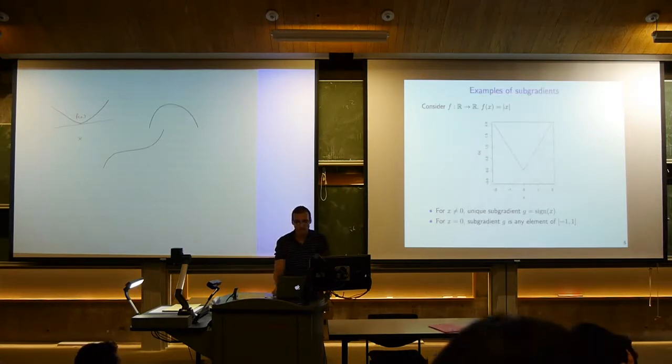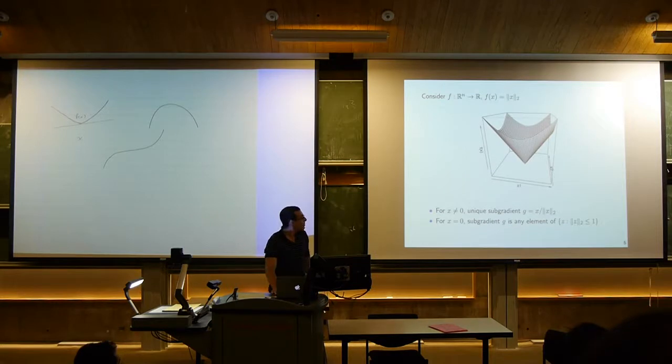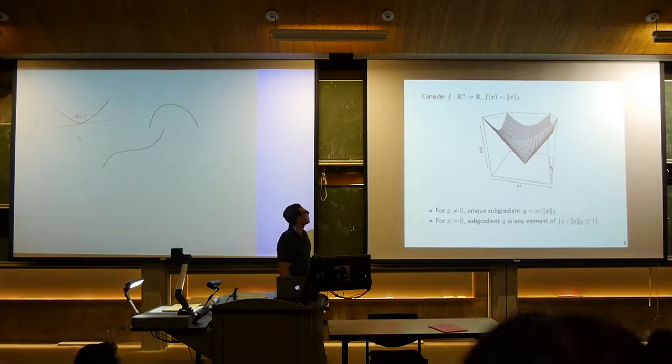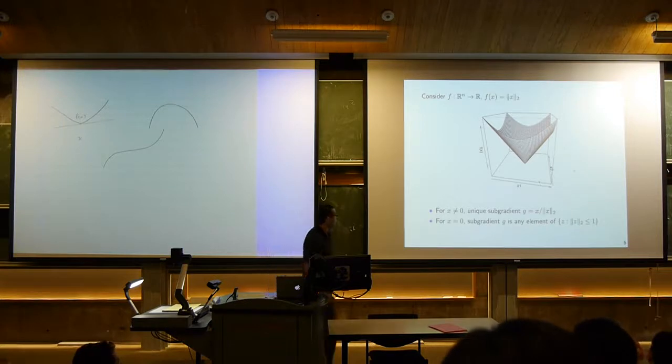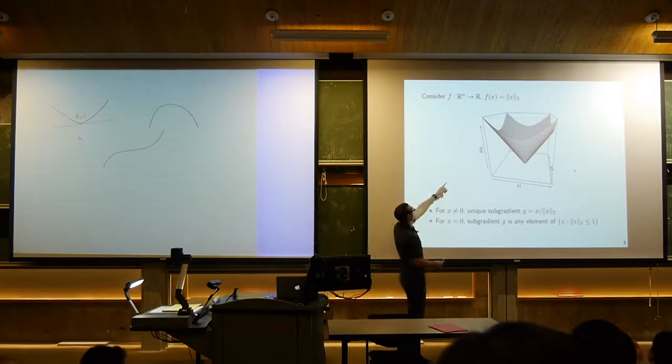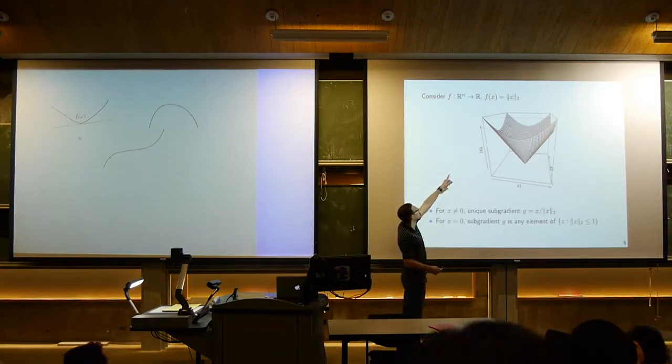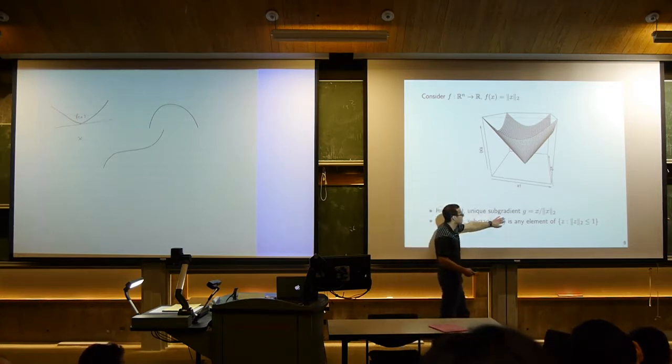Okay. All right, let's jump up in dimension. Let's think about the function that goes from R^n to R. That function is just the L2 norm of x. Here's a picture of what the L2 norm looks like in 2 dimensions, so when n is 2. When x is not 0, this function is actually differentiable, and its subgradient is just its gradient.